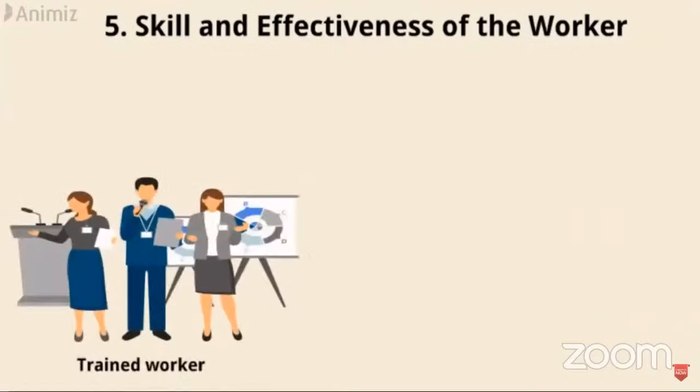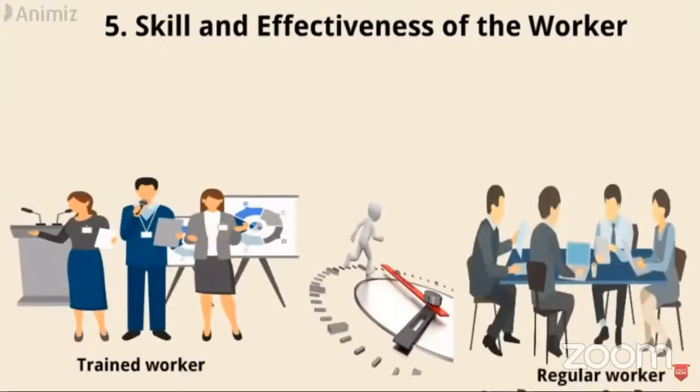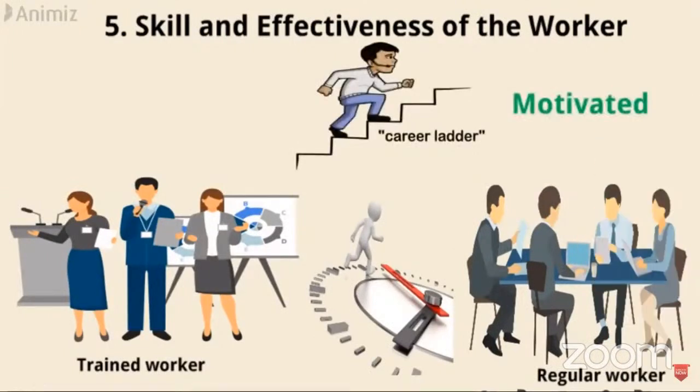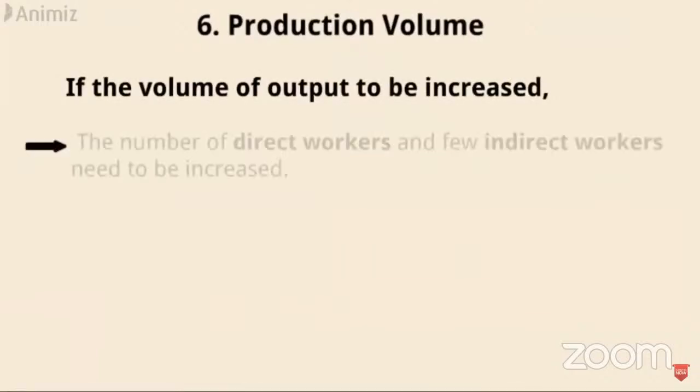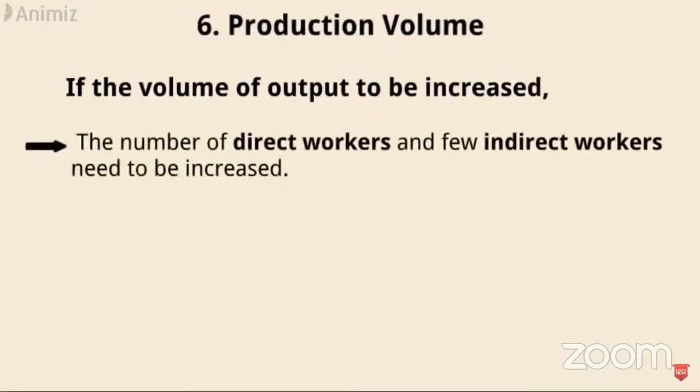5. Skill and effectiveness of the worker. A trained worker can do the same job in a much shorter time than a regular worker. However, even well-trained employees must be motivated to be productive. 6. Production volume. If the volume of output is to be increased, the number of direct workers and a few indirect workers need to be increased.